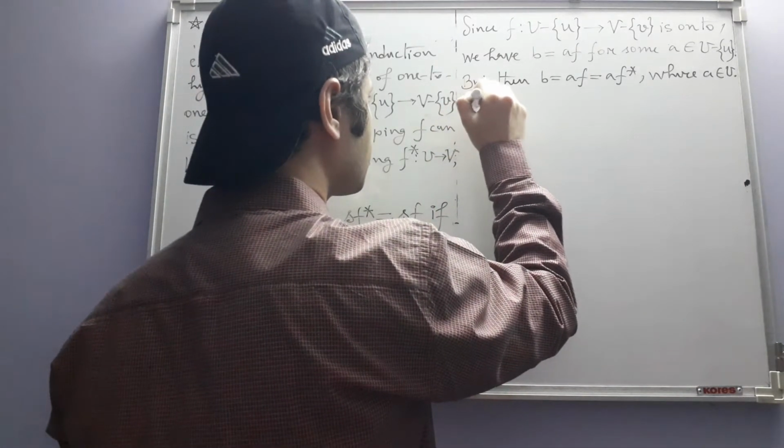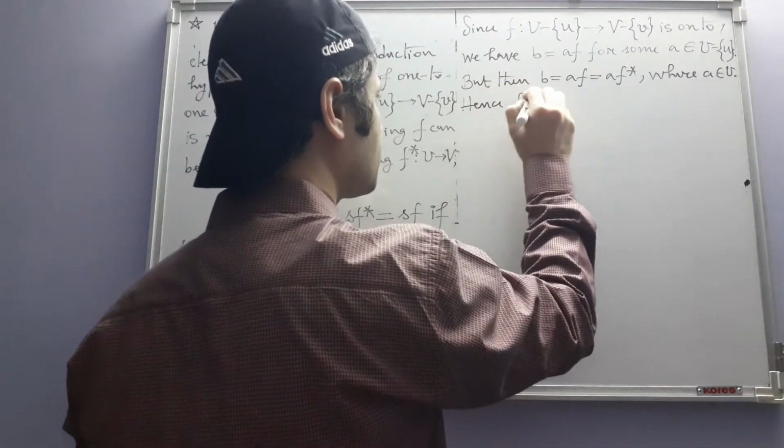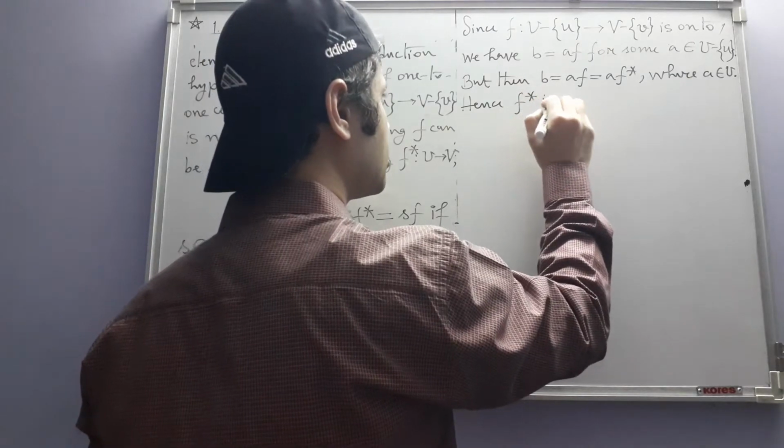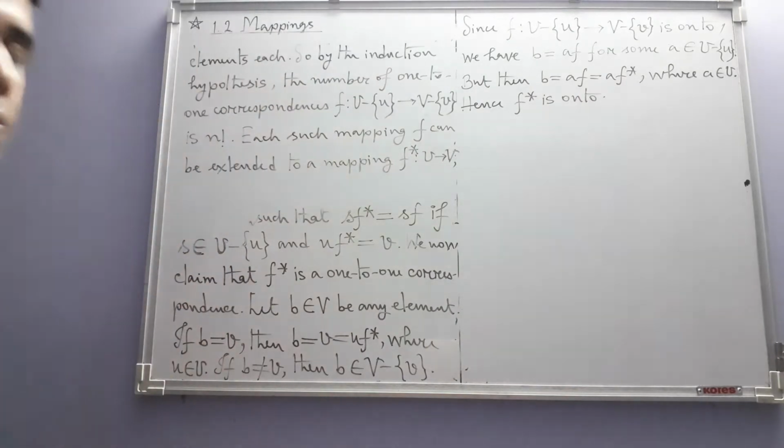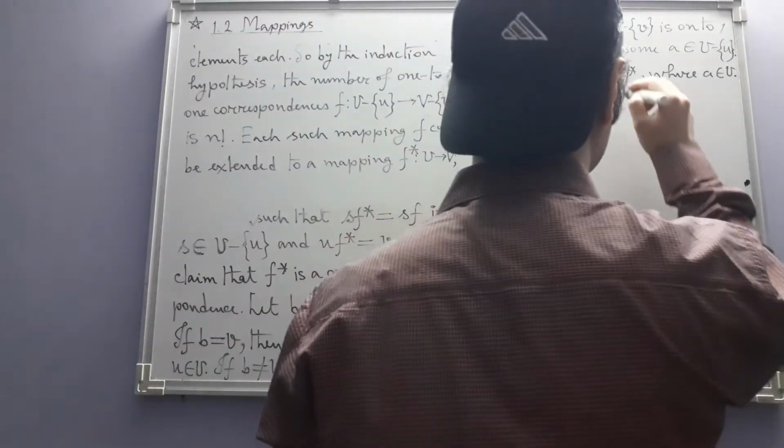Hence, f star is onto. Now next we show that f star is 1 to 1.